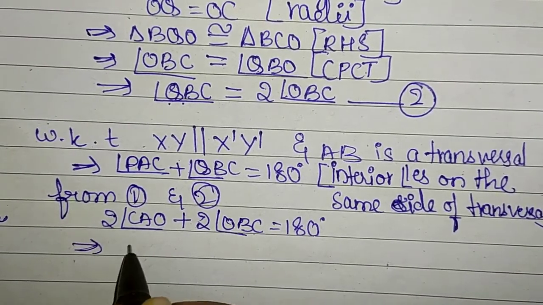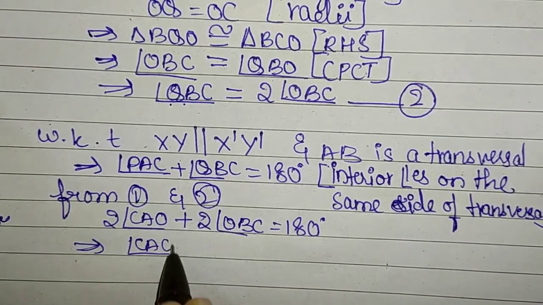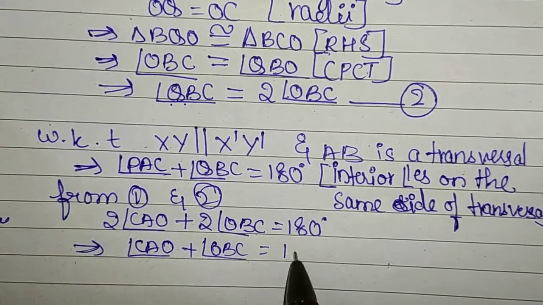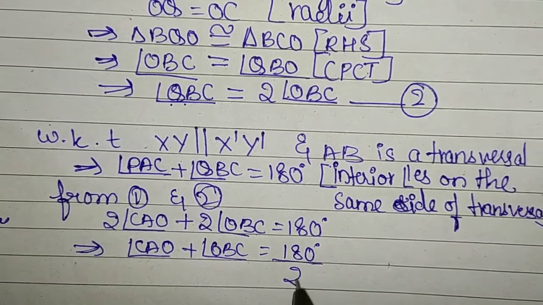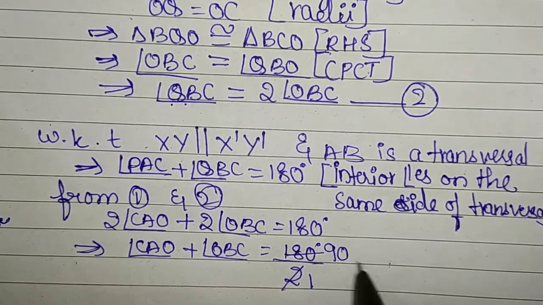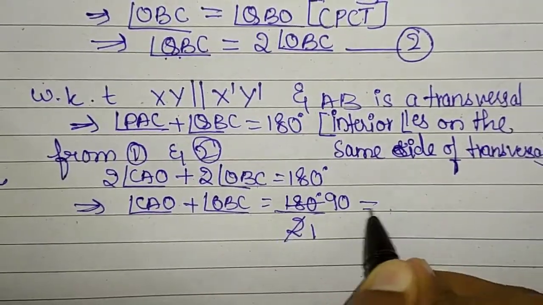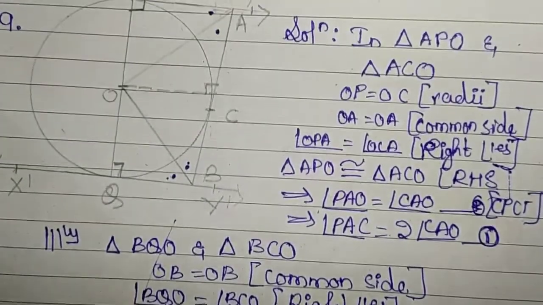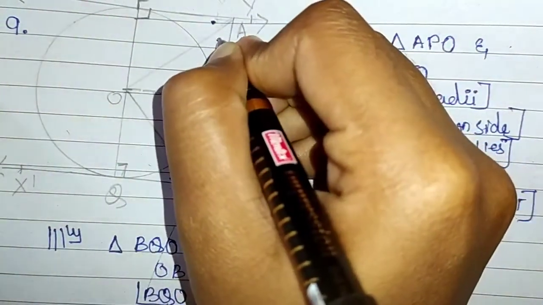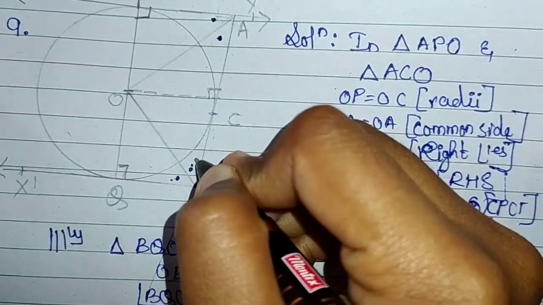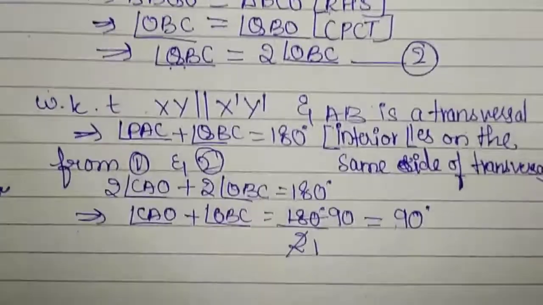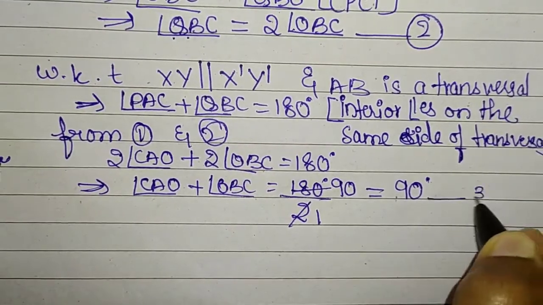So this implies angle CAO, take 2 as common, plus angle OBC is equal to 180 degrees by 2. 2 ones are 2, 90s are 90. So the sum of these two angles, that is angle CAO and angle OBC, is 90 degrees. So name this as result 3.